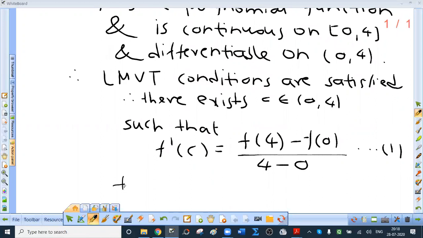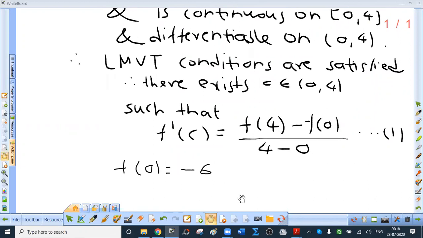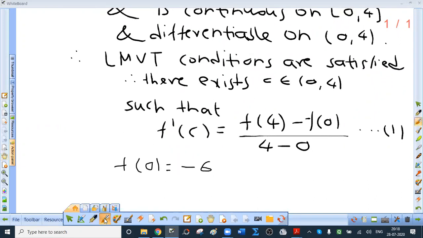What is f of 0? Replace every x by 0. So I will directly write minus 6. So f of 0 is equal to minus 6. What is f of 4? Find out. Don't write directly.